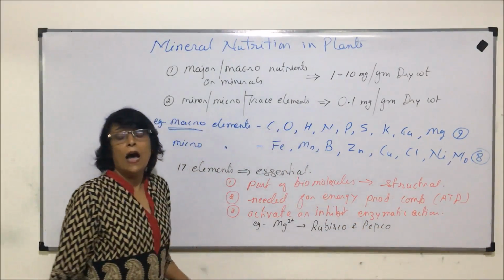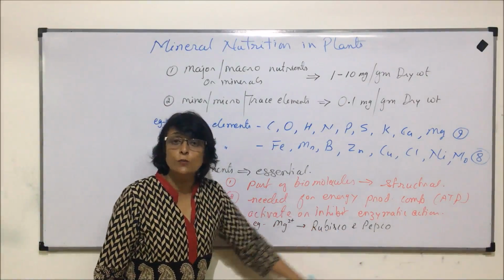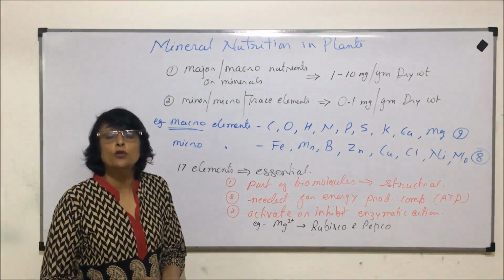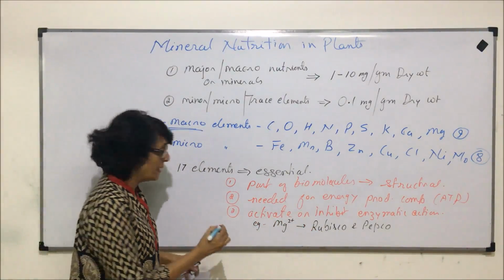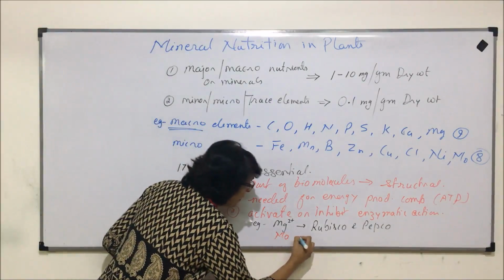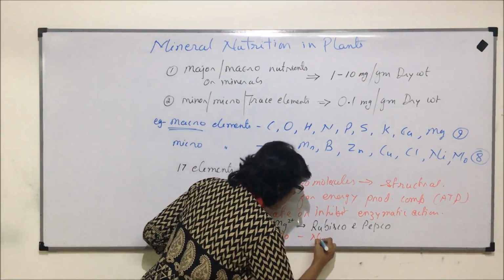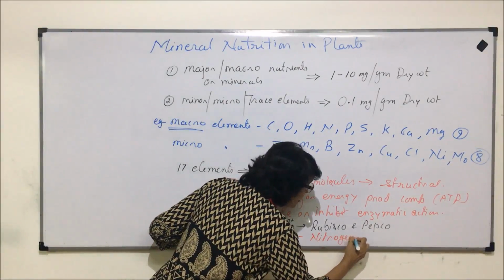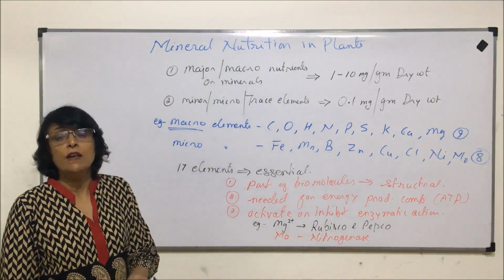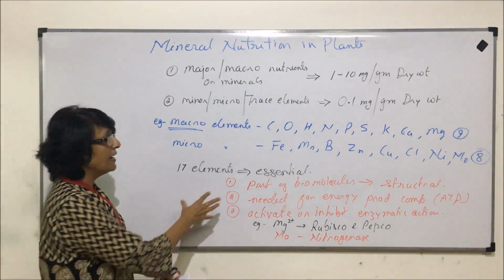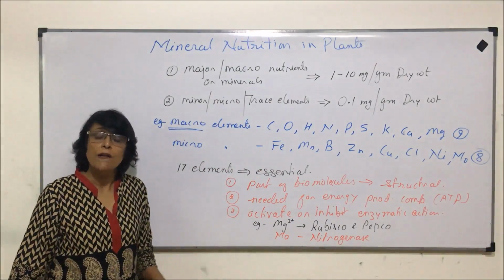That is RuBP carboxylase and PEP carboxylase, which are responsible for photosynthetic reaction, that is C3 and C4 pathways. Another is molybdenum. Molybdenum ions are also essential for working of nitrogenase enzyme, which is responsible for nitrogen fixation. So these are 17 elements and they are very, very essential for the plants.